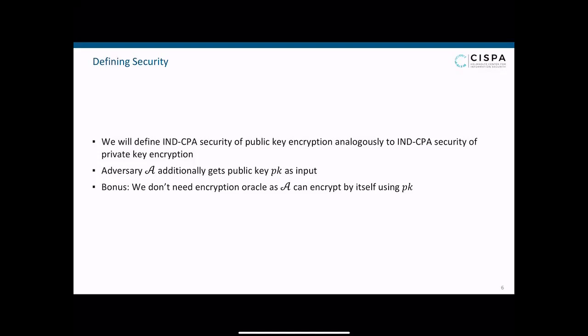Because in public key encryption, even small modeling problems can lead to really severe security problems in schemes that are later deployed in the real world. And this has happened quite a few times.